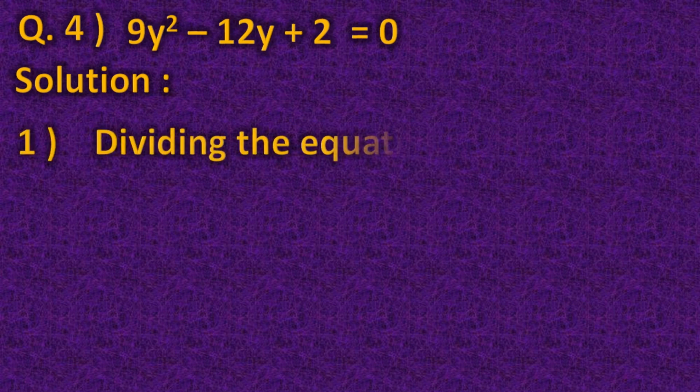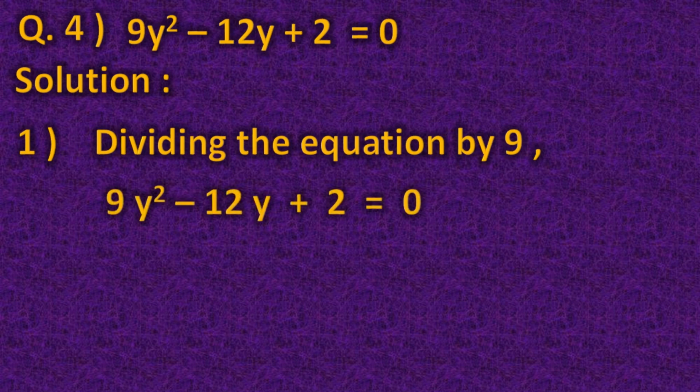In the solution we will consider once more the equation 9y square minus 12y plus 2 is equal to 0 and divide the whole equation by 9. So first term divide by 9, second term divide by 9, third term divide by 9, fourth term divide by 9.